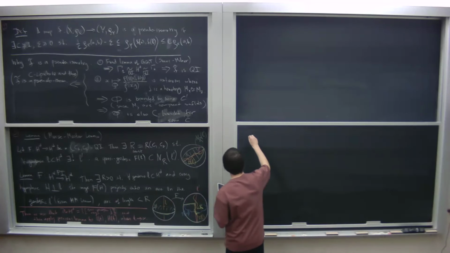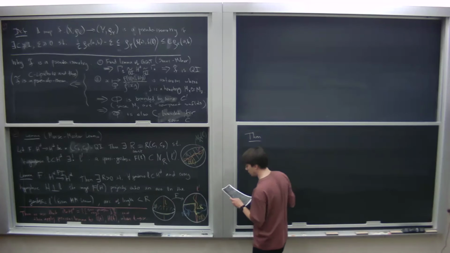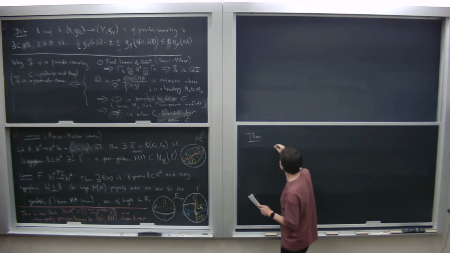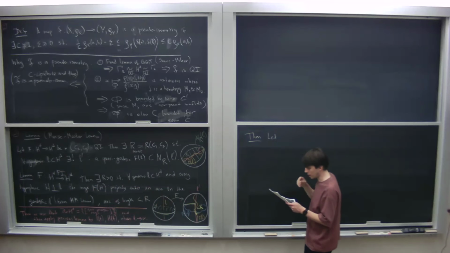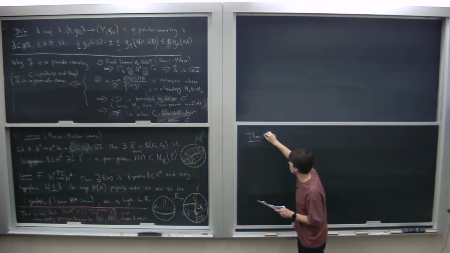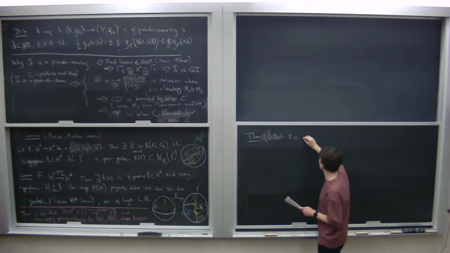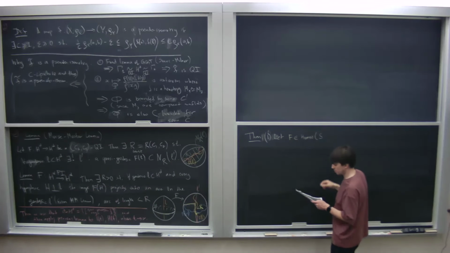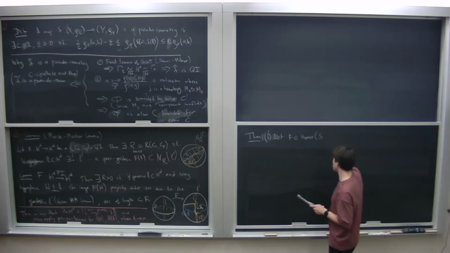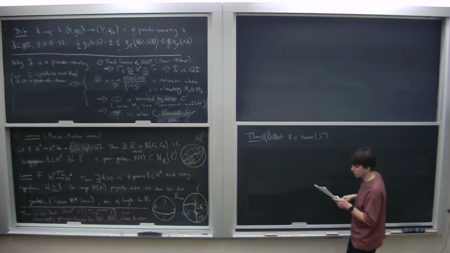So there is the following theorem, part number one. Let f belong to the group of self-homeomorphisms of S^n, but in fact we mean S^(d-1), right?